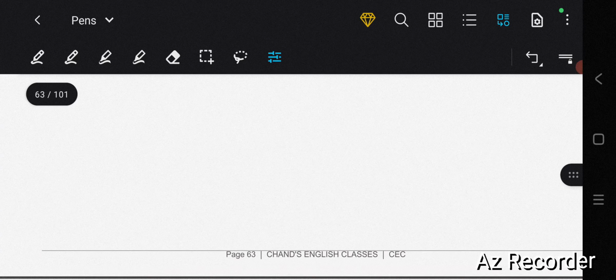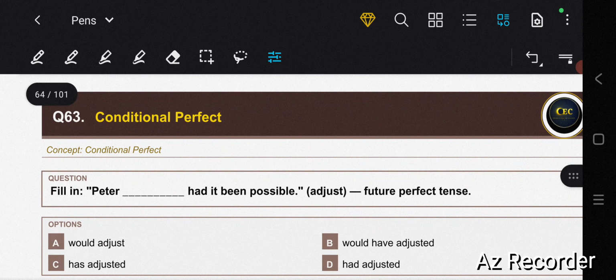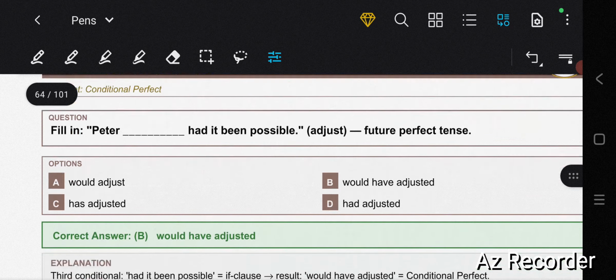And here we see the question number 63. Conditional perfect. Peter had adjusted, had it been possible. So which option should be the correct one? Conditional perfect. Would adjust, would have adjusted, had adjusted, has adjusted. "Have adjusted", and "Peter has adjusted", is the formation of the perfect.